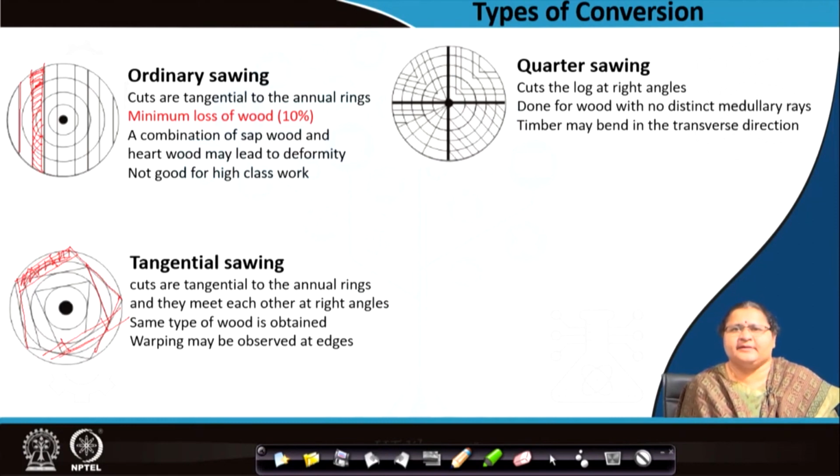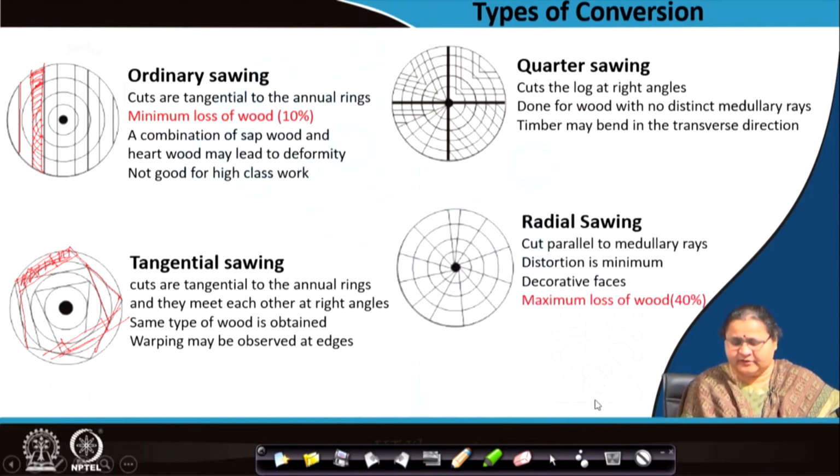So, this can be done for wood which has no distinct medullary rays, that is mostly for the sapwood, that is pine, mostly for the softwood where no distinct medullary rays are seen, and timber may bend in the transverse direction. Longitudinal means the direction in which it is cut. Transverse direction means it may bend on the breadth side, because you are having a mix of different levels of wood.